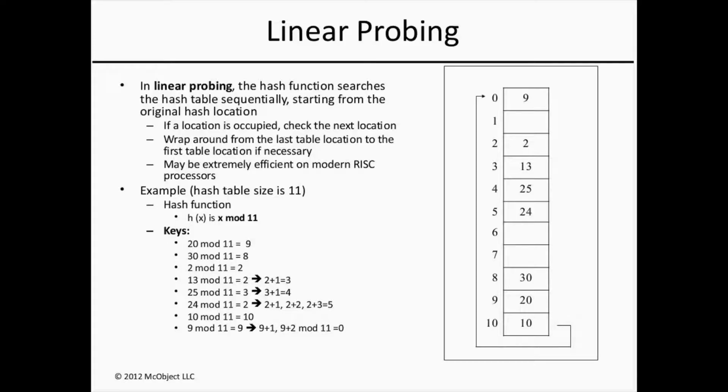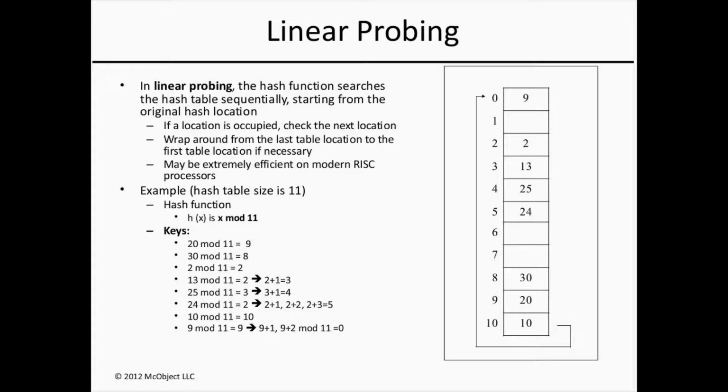So that you can see the sequence of steps to store some key values here. The key value 20 modulus the hash table size 11 gives us a value of 9. So we store the value 20 in bucket number 9.